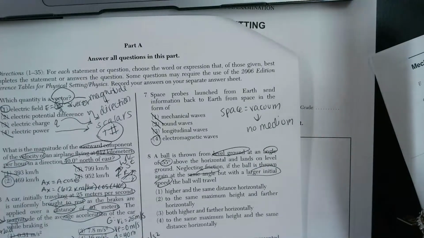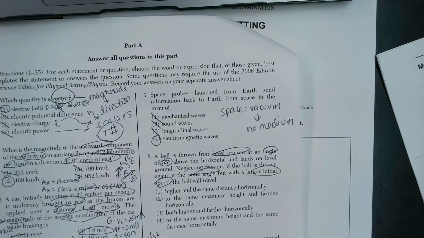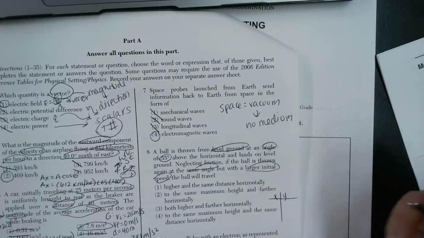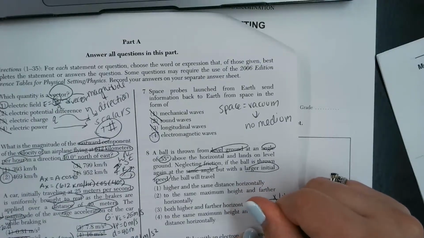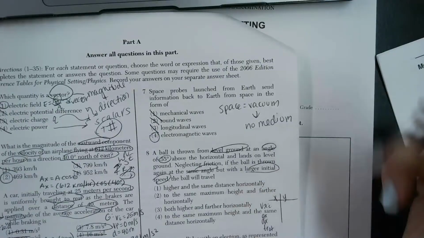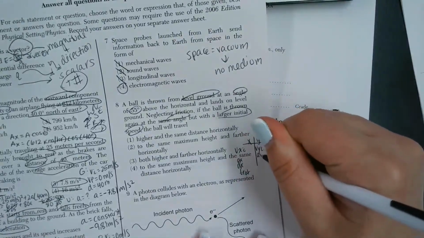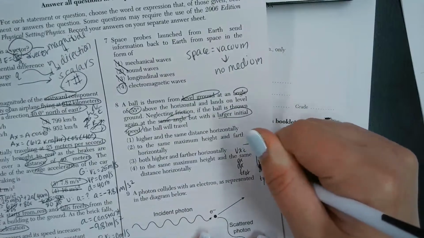distance horizontally. So what you can easily do to verify this, because this information is only corresponding to the x direction, okay? If you had your little XY chart here, we would have VXI, AX, DX, T total, and then we would have VYI, AY, VYF, DY, and T one half.